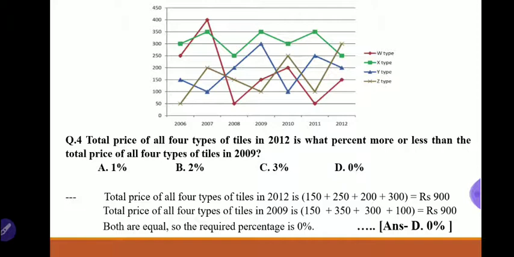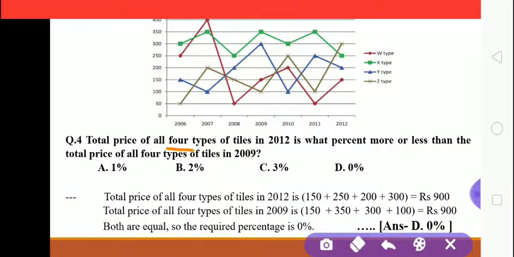So here for the total price of all four types of tiles in 2012, you need to add these four points' values, that is 150 plus 150 plus 200 plus 250 and plus 300. This is the addition of the 2012 price of all 4 tiles, compared to the total price of all 4 types of tiles in 2009.